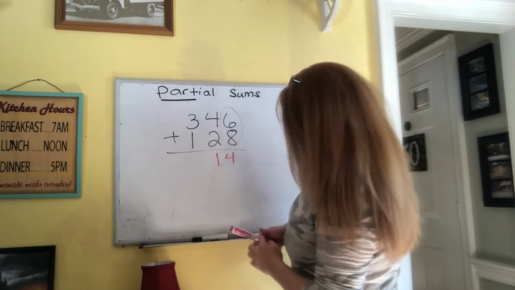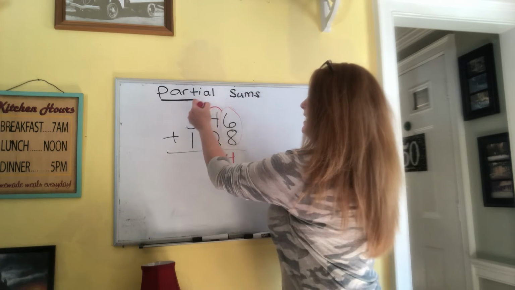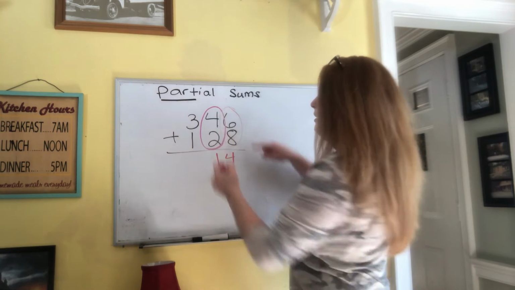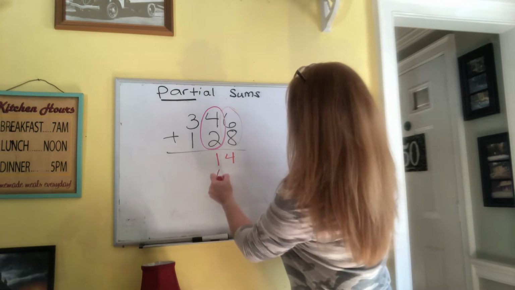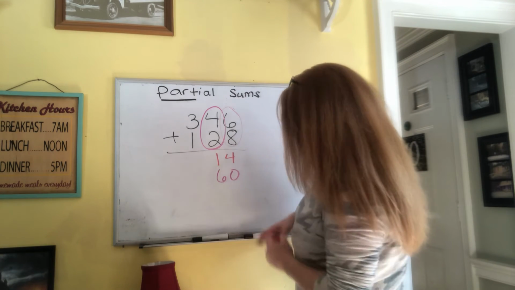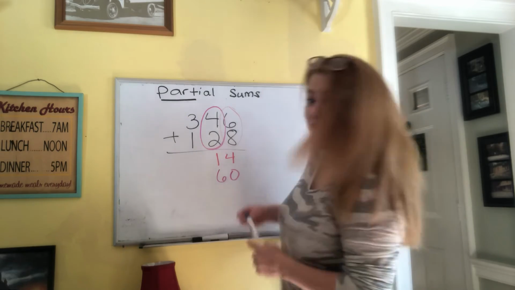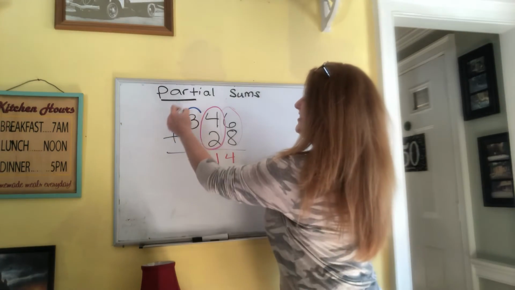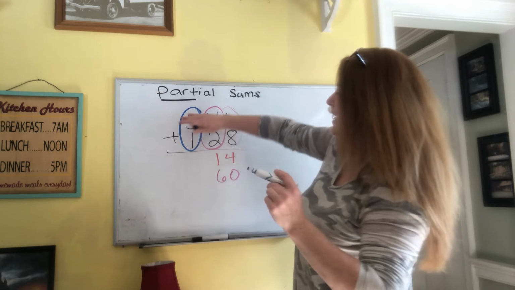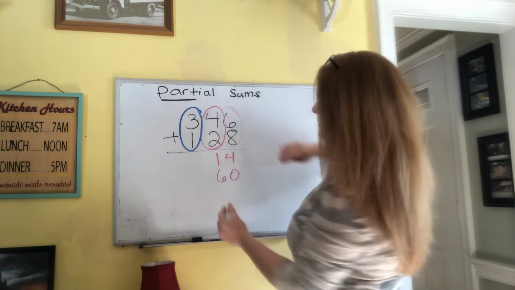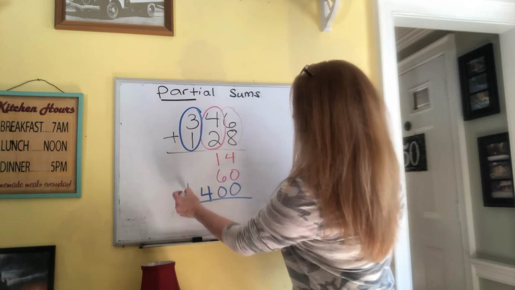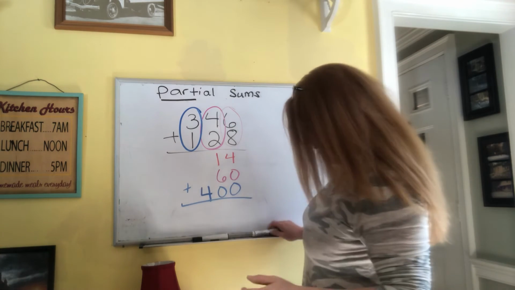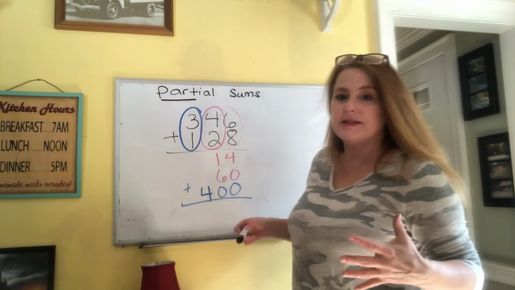And then we will add the tens. 40 plus 20 is 60. And then we'll add the hundreds. 300 plus 100 is 400. Then we can find our final big sum.